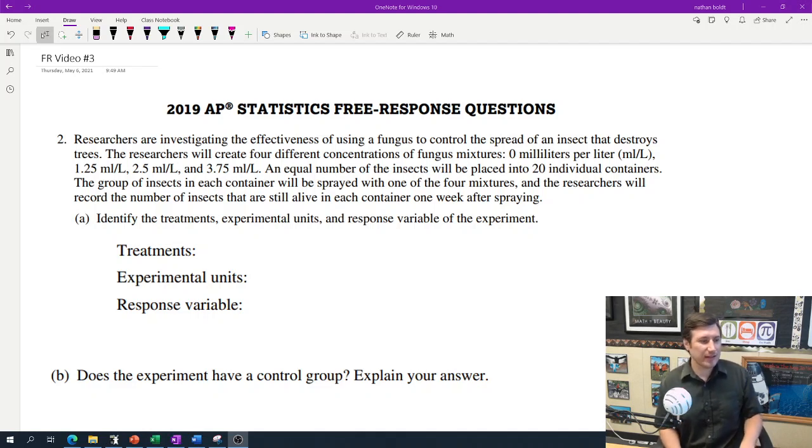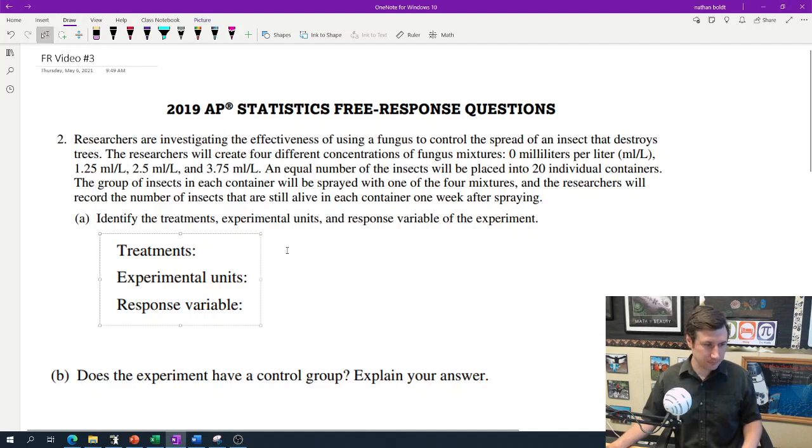The group of insects in each container will be sprayed with one of the 4 mixtures. The researchers will record the number of insects that are still alive in each container 1 week after spraying. So, first thing, identify the treatments, experimental units, and the response variable.